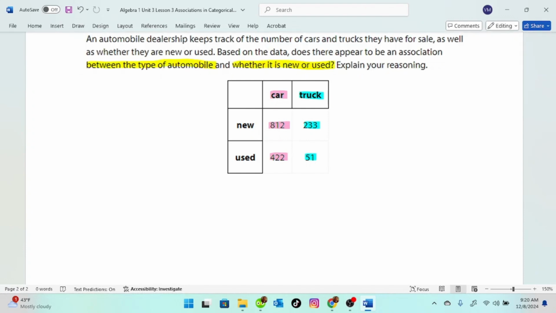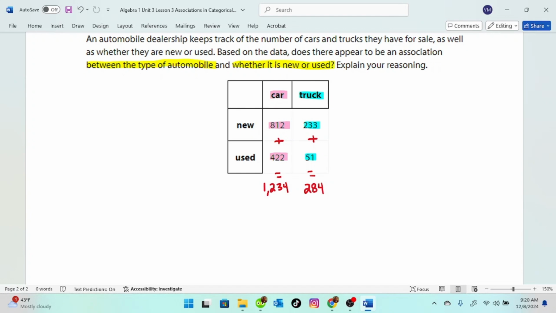So when I add these together, 812 plus 422 equals 1,234 cars. And when I add the trucks together, 233 plus 51 is 284 trucks.